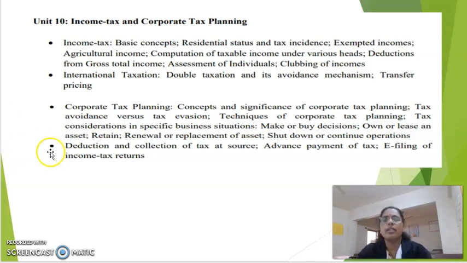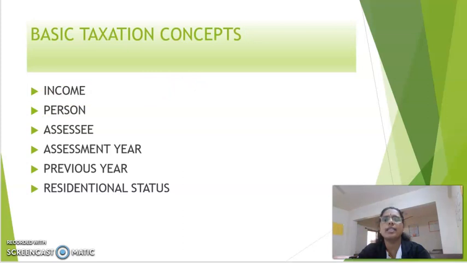So let's start with the next point, the basic taxation concepts. What taxation concepts do you have to learn in a proper manner? Make sure when you learn this, it is very important to learn with the sections first. I am discussing the points one by one with the section, so if I explain any section, write it down.